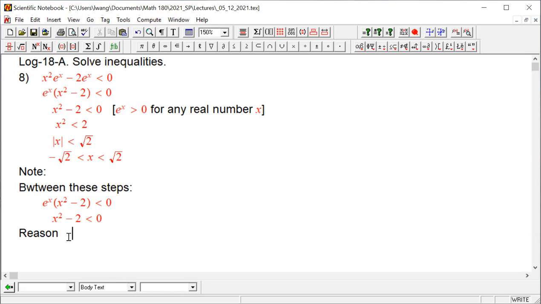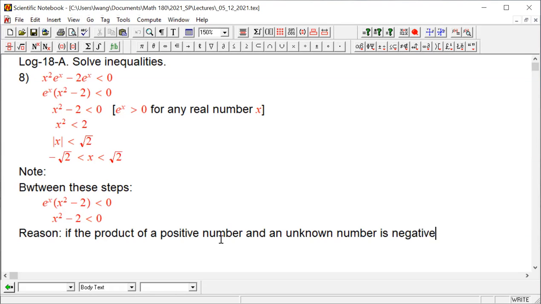If the product of a positive number and an unknown number is negative, you understand what I mean? This is the product of a positive number and a number that we don't know.